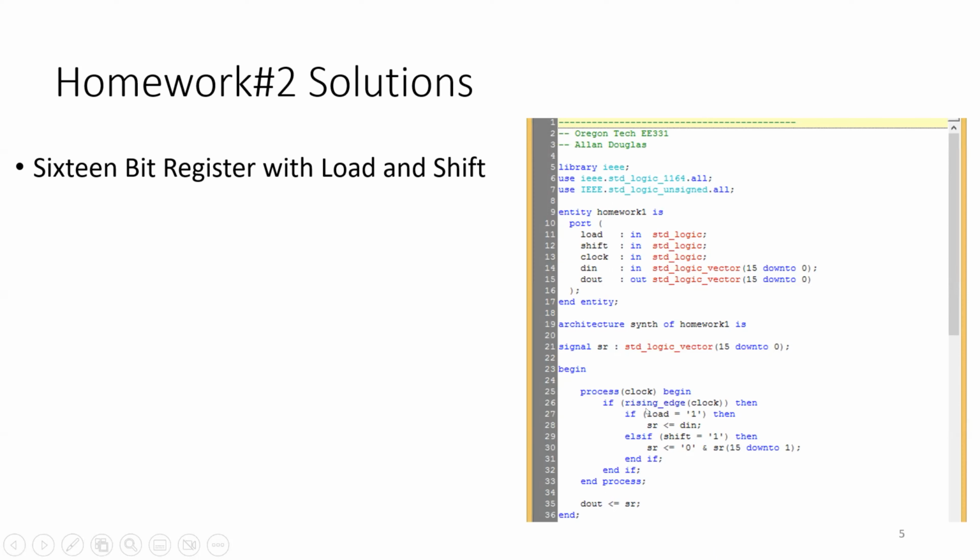With my clock rising edge, if load is high, whatever is on DIN, the 16 bits, will go to the shift register. If shift is 1, the shift register will concatenate 0 to SR 15 down to 1.